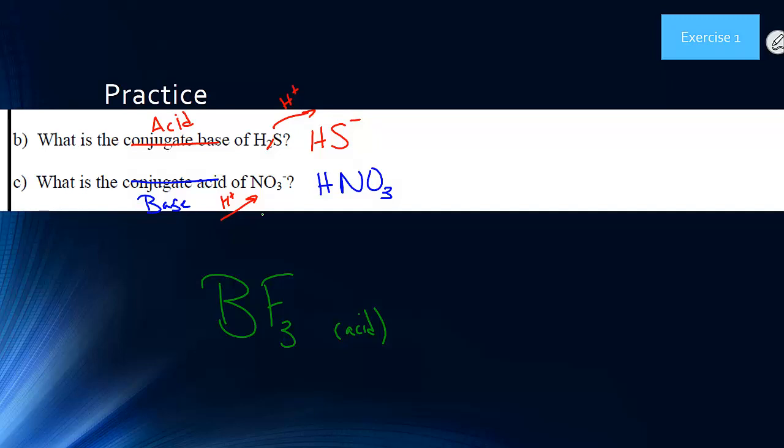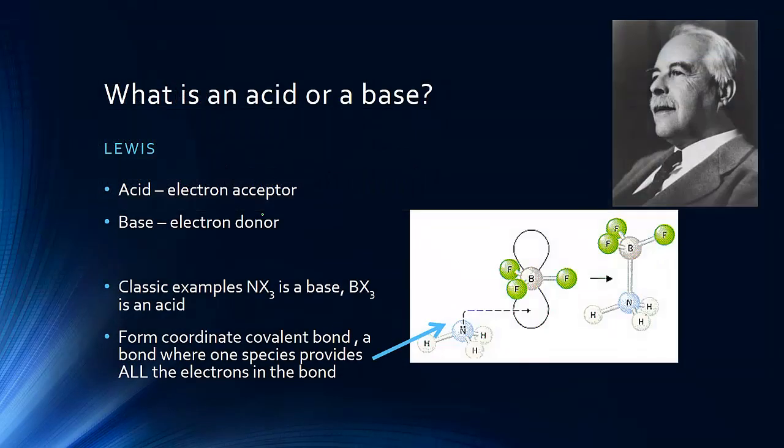It has to do with the Lewis structure of boron trifluoride. Boron trifluoride has room in its orbital for extra electrons. Those extra electrons could come from a pair of hydrogens or from a lone pair. Boron trifluoride is able to neutralize ammonia.